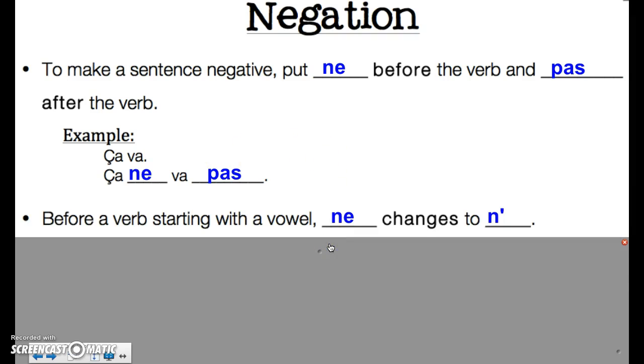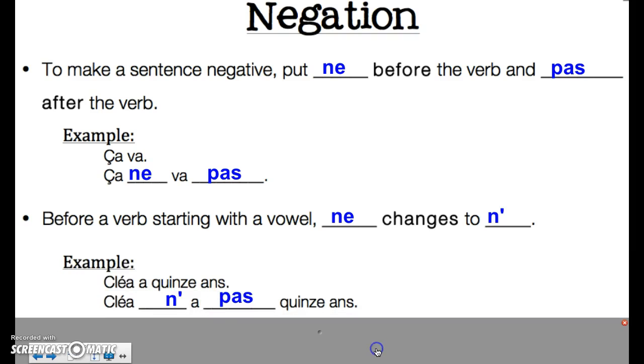So the only other thing you need to know is that before a verb that starts with a vowel, your ne is going to change to an apostrophe. And this is very similar to what you learned about with articles, how we would change the article that would be before a noun starting with a vowel from being le or la to being l apostrophe. Same deal here. The French don't like having a hiccup sound.